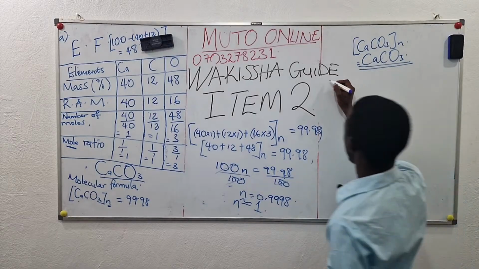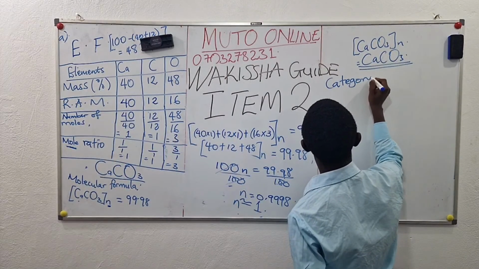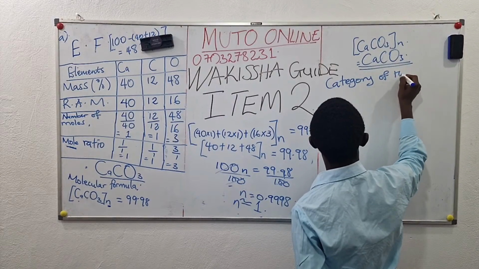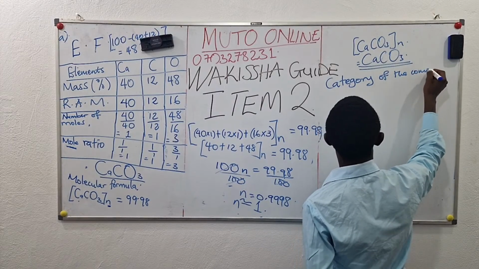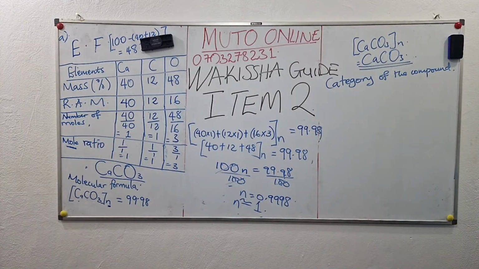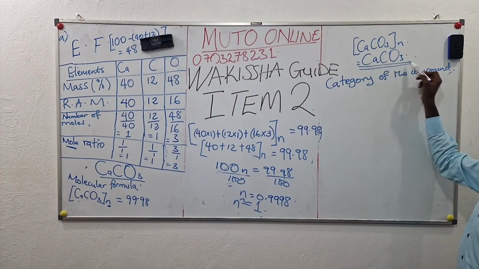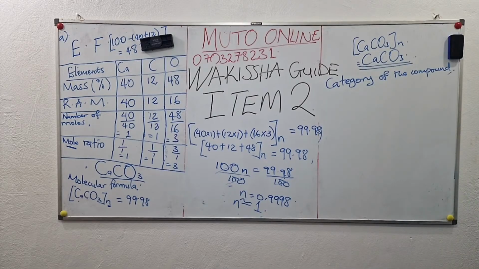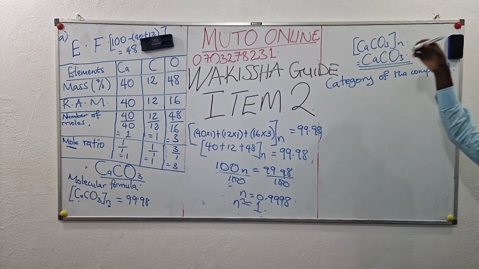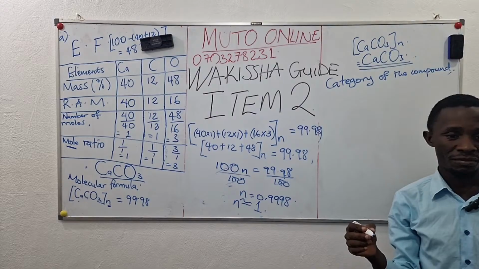The category of the compound, so this is our substance Q. So the category of this compound, it is an inorganic compound. Remember, the compounds may be organic if they have carbon hydrogen bonds in them.